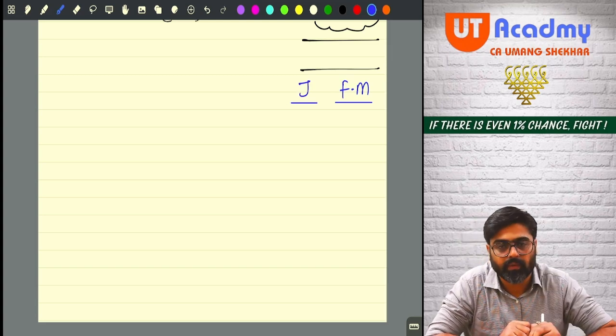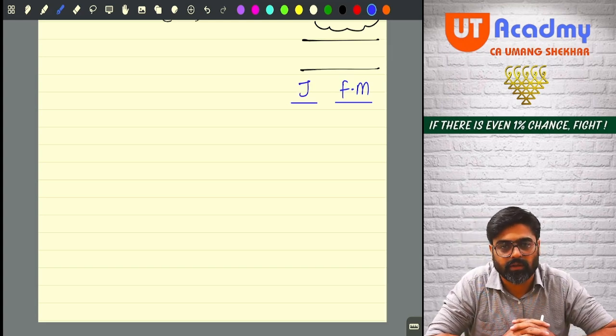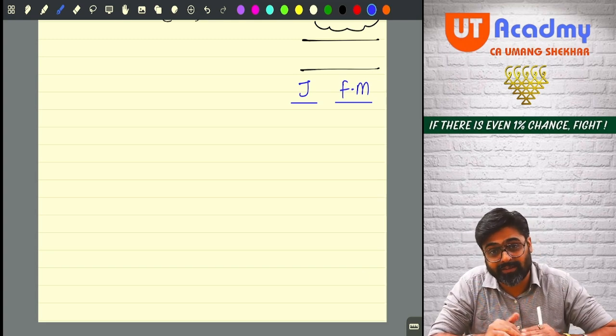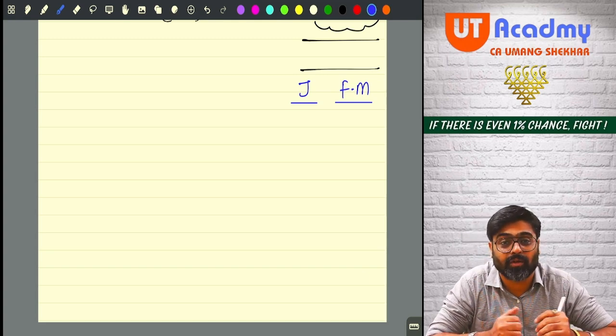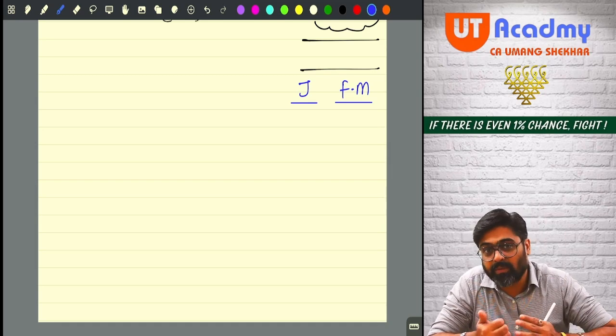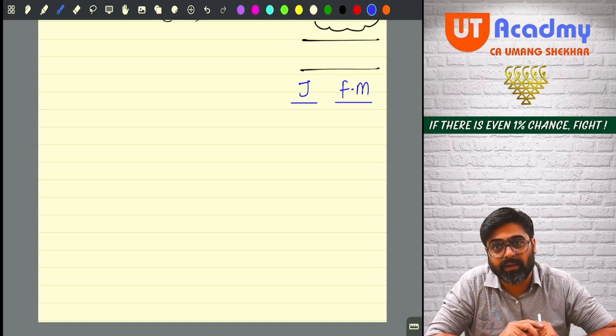Why? HRA is 7,000 only. But the salary is different in January because salary is increasing from February. So till January, my salary will be different. Even though the rent is paid in Delhi, rent is also 8,000. But since the salary will be different for January, I will be doing the separate calculation for January.